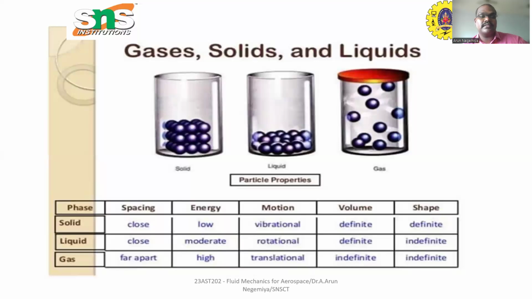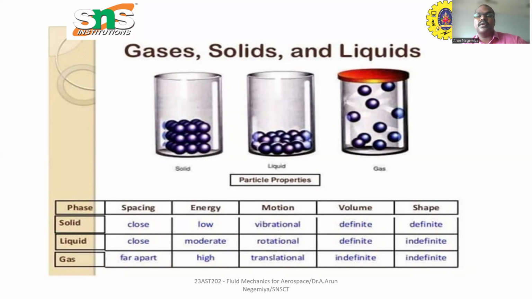In a solid, the atoms are closely packed, and if the energy is very low, the motion is vibrational. A liquid moves in a rotational manner, and a gas in a translational manner. For example, if you open a pipe, the water flows through the duct in a rotational manner.